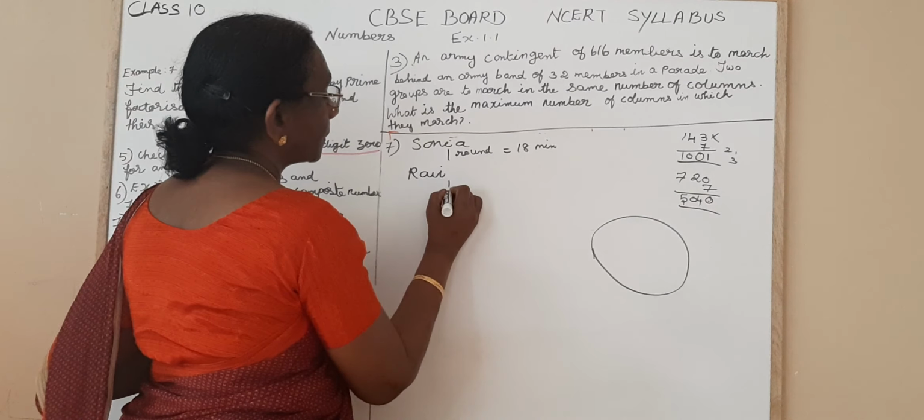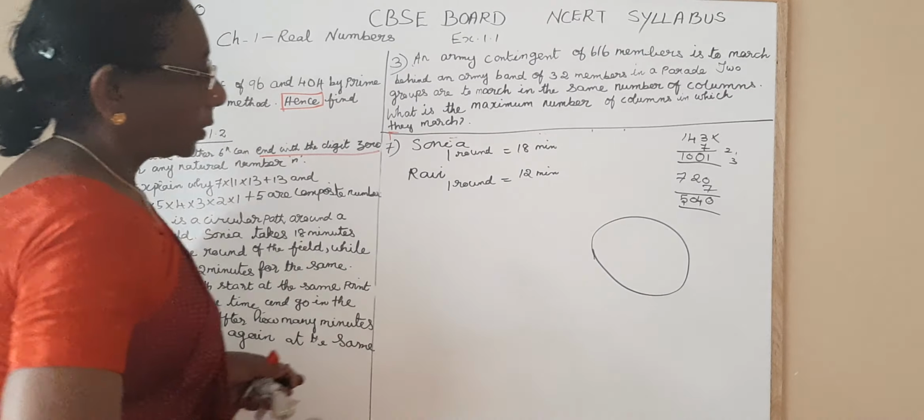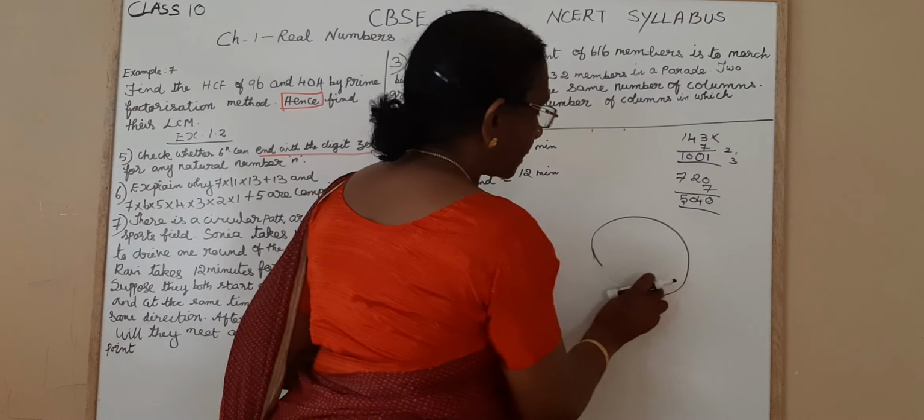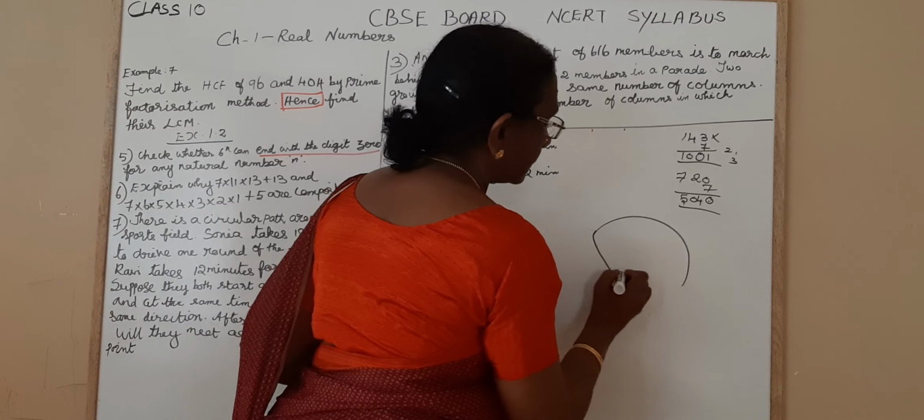Okay, now next is what? Suppose they both start at the same point and at the same time and go in the same direction. So both of them are starting at the same point.